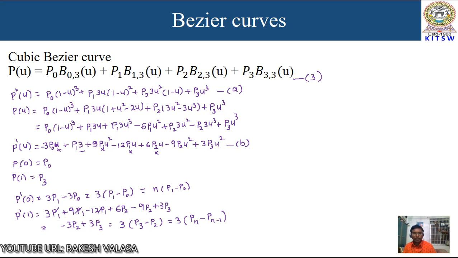If we take more points, it gives a relationship between p dash of 0 equal to n into (p1 minus p naught), and for the end point, that means u equal to 1, p dash of 1 equal to 3 into (pn minus pn minus 1), where P1 minus P naught and Pn minus Pn minus 1 define the first and last segments of the curve polygon.